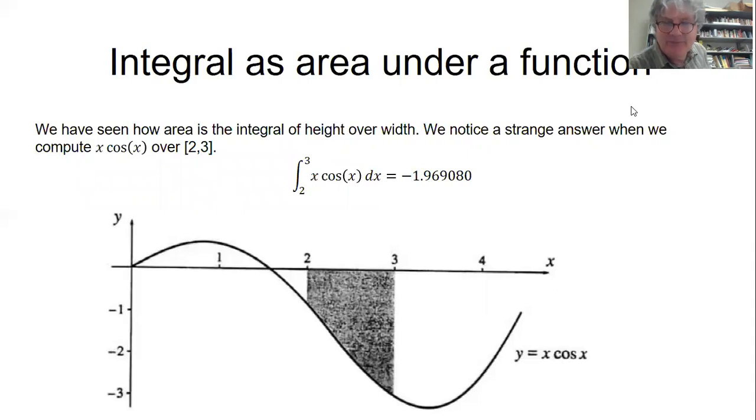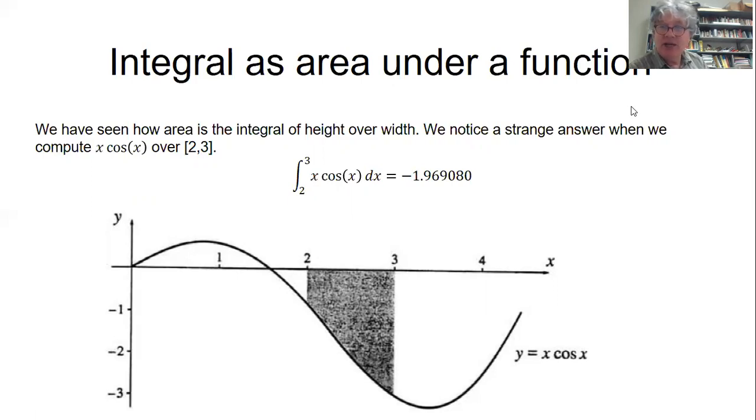However, we get a strange little technicality. Suppose we try to compute the integral of x times cosine x over the interval 2, 3. We do the Riemann sums and they converge to a negative answer.